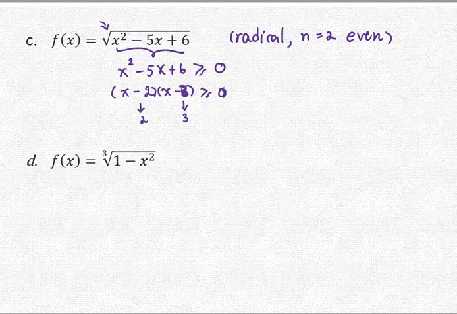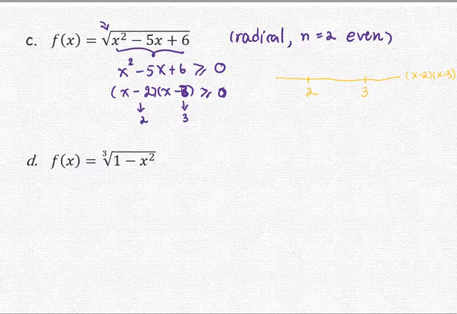Draw the real number line. Locate the two critical numbers, 2 and 3. Check the sign. So I'm going to put the factor here, x minus 2 times x minus 3.